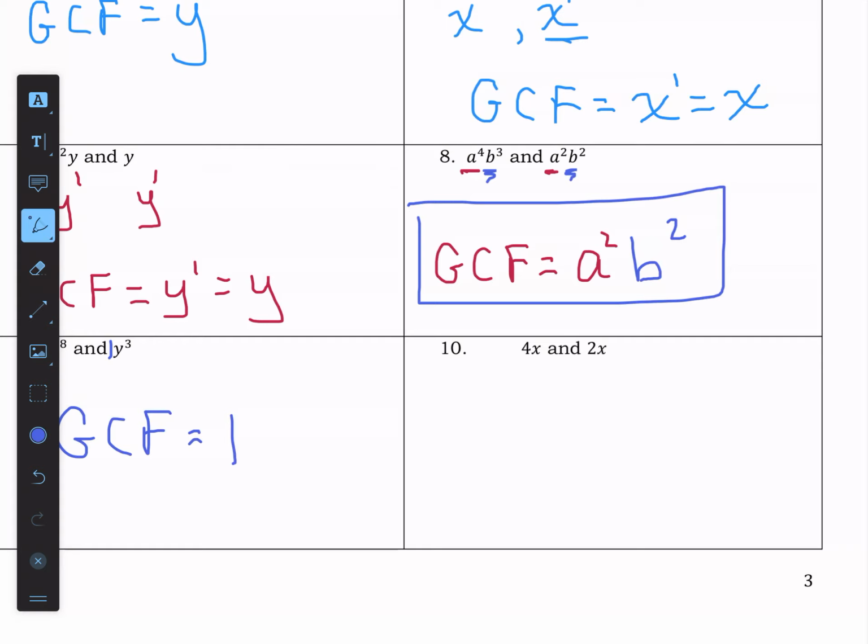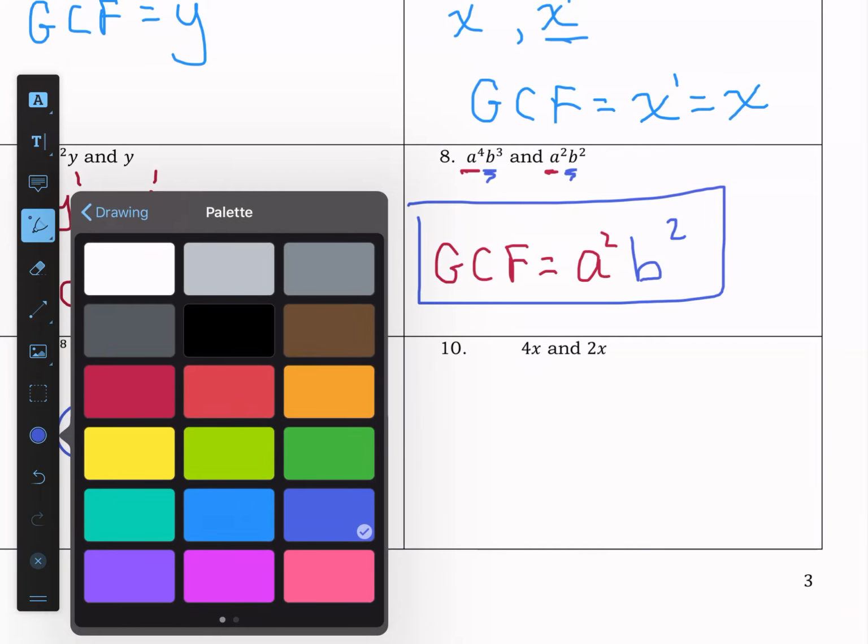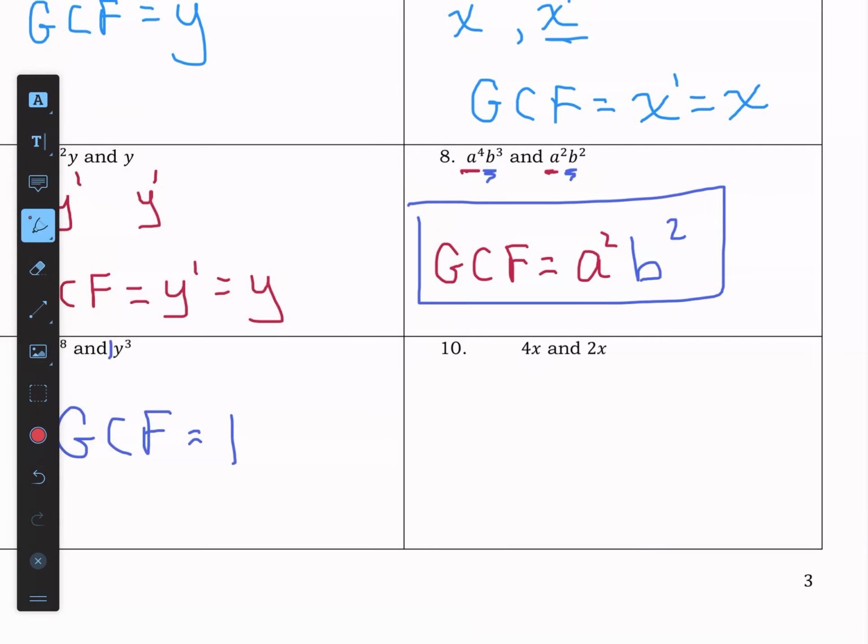All right, so now on number 10, I've thrown some numbers in here, or coefficients, along with our variables. So we've got 4x to the first and 2x to the first, okay? So let's first figure out one piece at a time. Let's first look at the 4 and the 2.